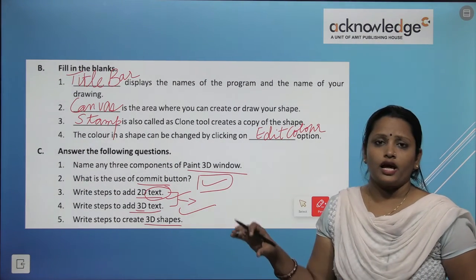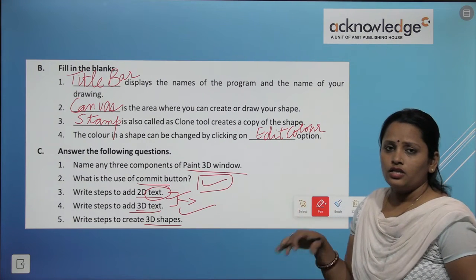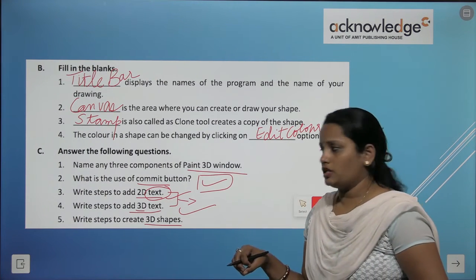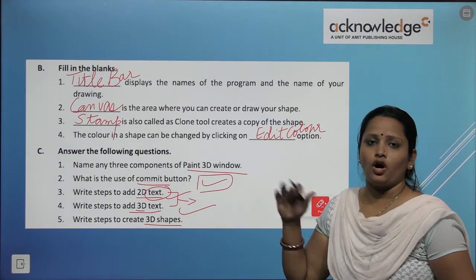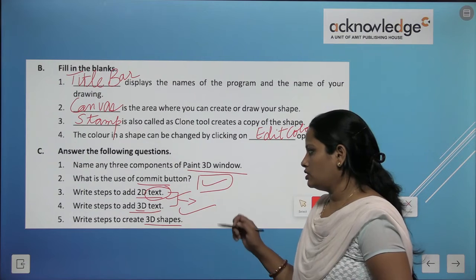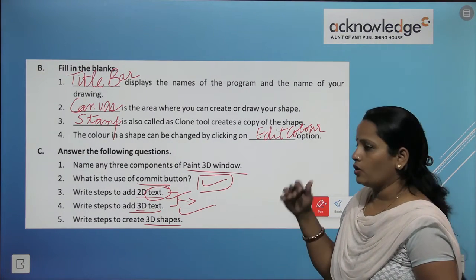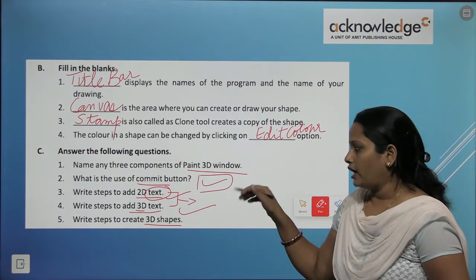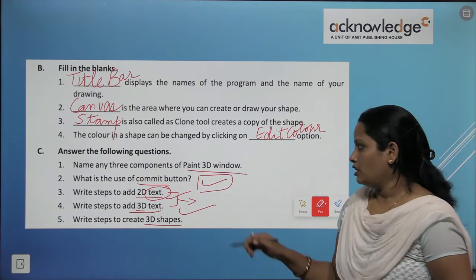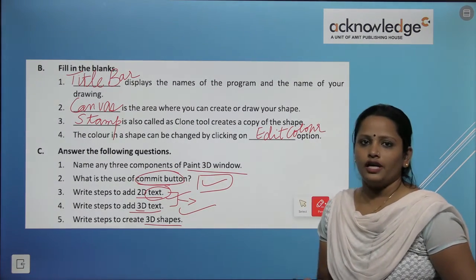Then we have to drag that on the canvas, and then we can change the color of that 3D shape, and also we can rotate it according to our choice. So after creating the 3D shape, we have to click somewhere outside the box, and the shape will be created. We have to click on this commit button after creating the 3D shape.